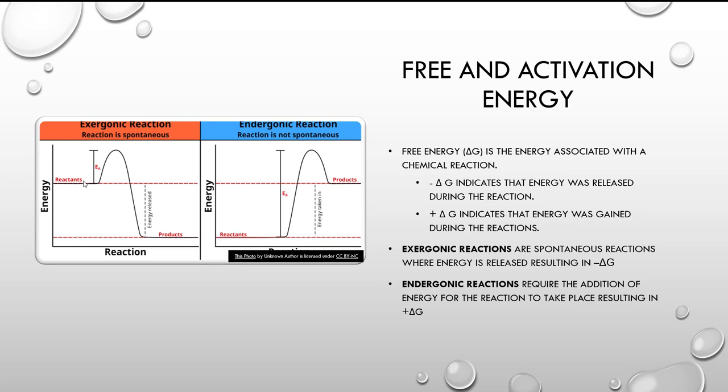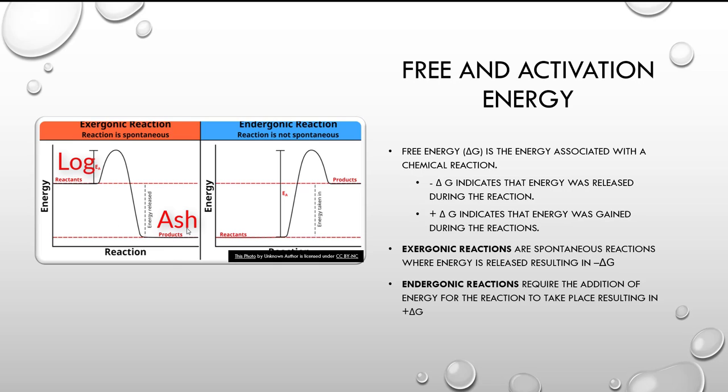The logs just keep burning until there's no more fuel left. You have lots of energy in that log to burn it, so energy is released in the form of heat from that fire until you end up with just ash at the end. That ash is just the end product.